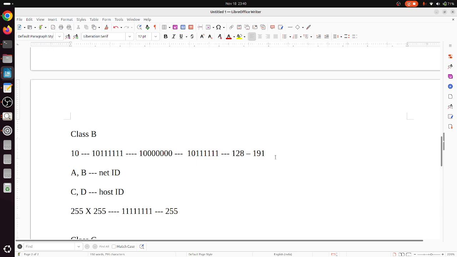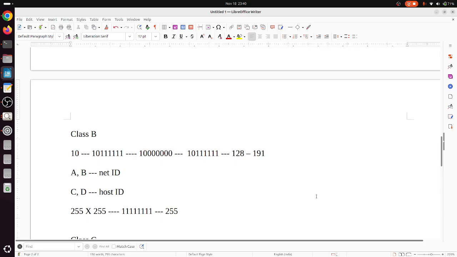I can accommodate 255 into 255 networks, and for every network I can accommodate 255 into 255 hosts. So once again, if I need a large network, and at the same time the network will have a large number of customers, then I prefer class B.